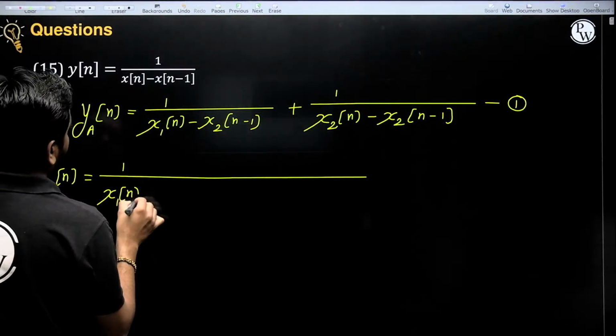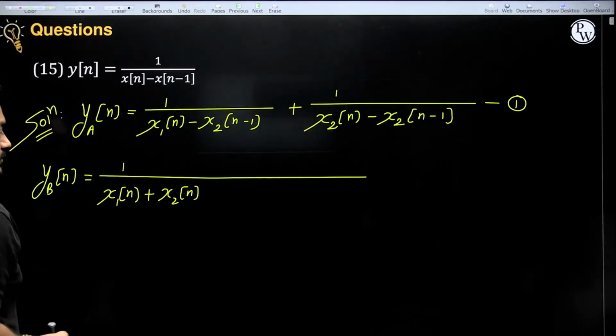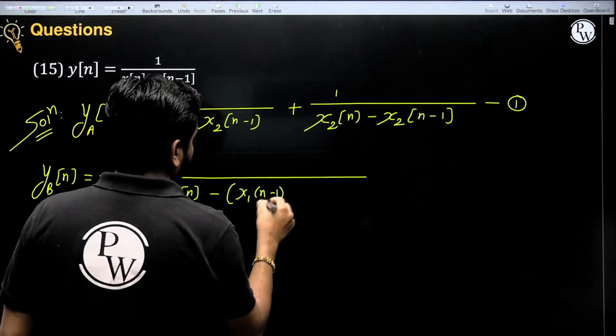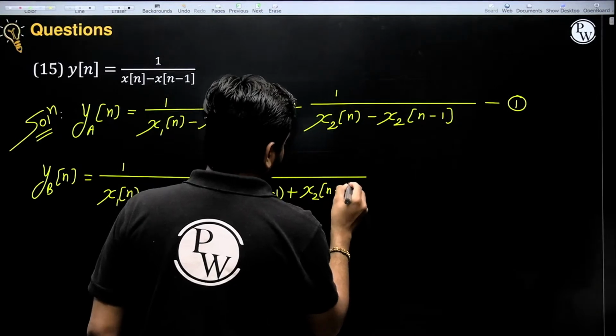Replace x of n with x1 plus x2: 1 upon x1 of n plus x2 of n minus x1 of n minus 1 plus x2 of n minus 1.